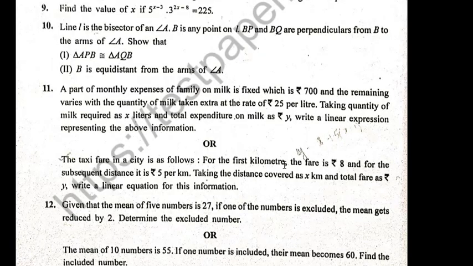Then line L is the bisector of angle A. B is any point on line L. BP and BQ are perpendiculars from B to the arms of A. So take a point B and draw BP as perpendicular, 90 degrees, and draw BQ, another perpendicular, 90 degrees. Fine. And this is the angle bisector, meaning this angle and this angle are equal.